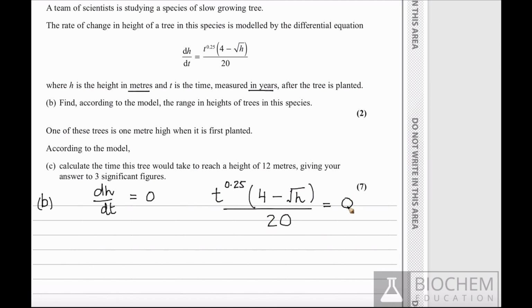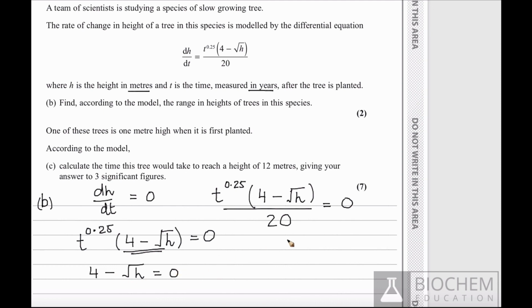Multiplying out 20 to the right hand side, we can simplify this to t to the power of 0.25 times (4 minus square root h) equals 0. Now, as we want to find the height of the trees, in this case the maximum height, we will equate this term equal to 0, and we can say 4 minus square root h equals 0.